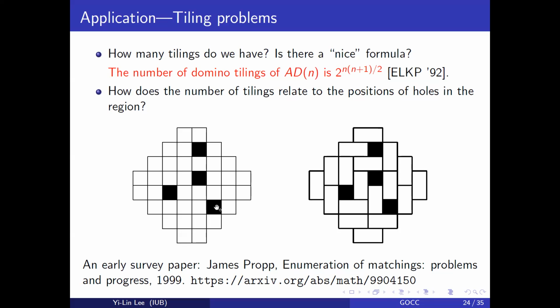If we slightly move this hole 1 unit above, does the number of tilings increase or decrease? This is a typical problem that people ask in this field of combinatorics. And there is a survey paper written by James Propp. If you're interested in this part, you can check his paper.